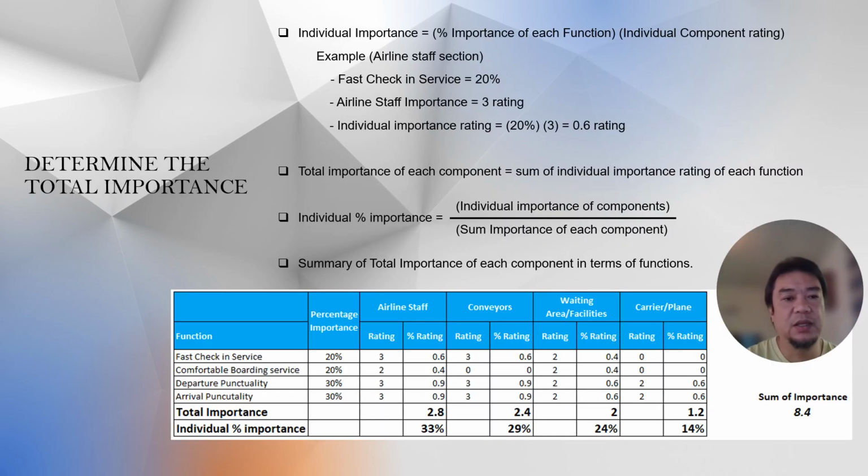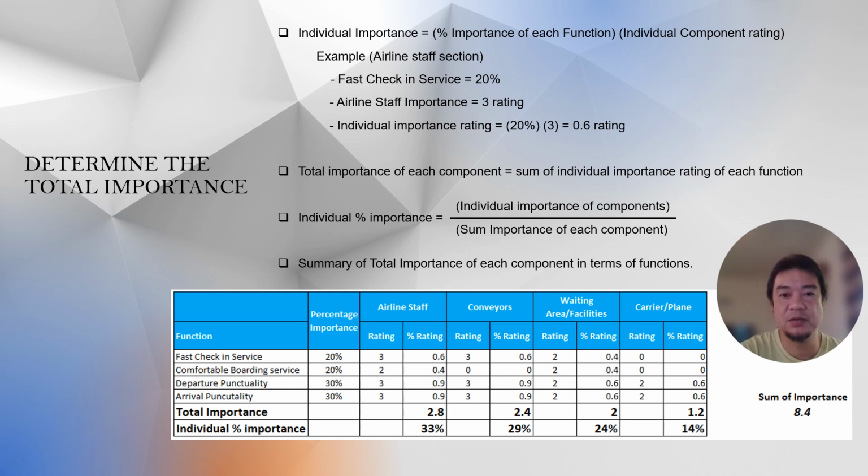To determine the total importance of each component, the individual importance is the multiplication of the importance of each function and the individual component rating. For example, in the airline staff section, the fast check-in service is 20%.